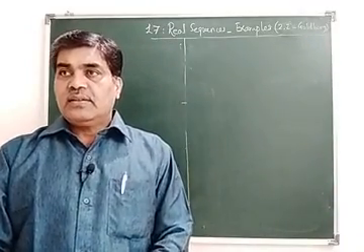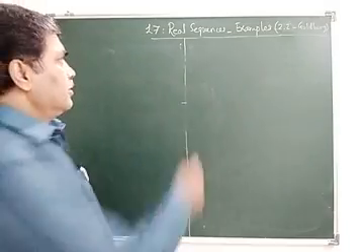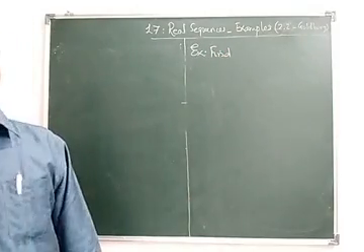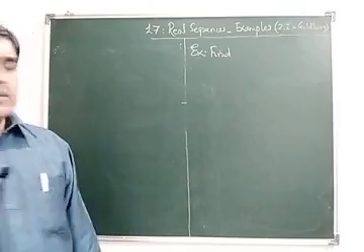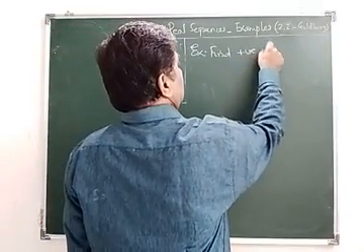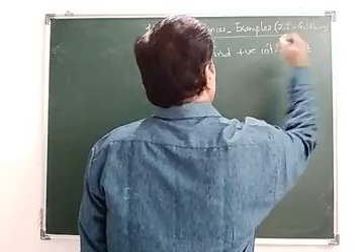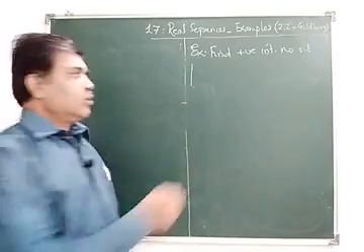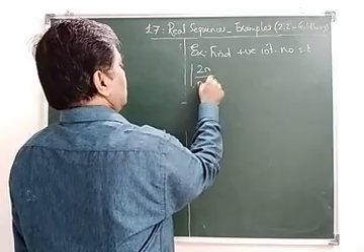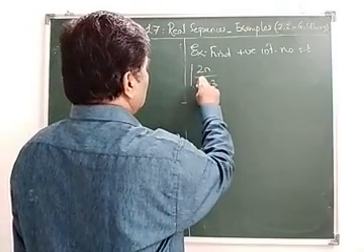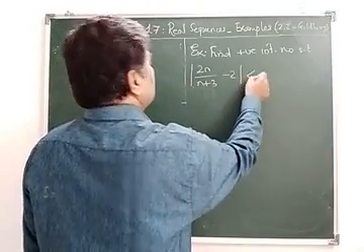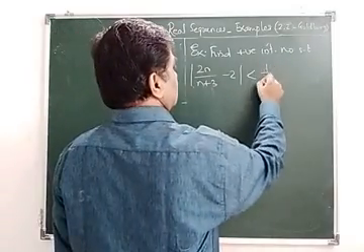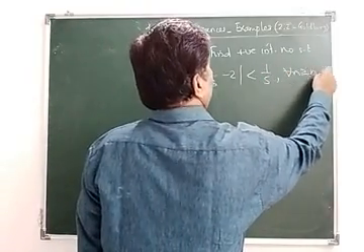Now take the example. Find a positive integer n naught such that the modulus of the difference between a term of the sequence 2n upon n plus 3 and its limit as n goes to infinity, which is near 2, is less than some fixed epsilon. Say if I take 1 by 5, for every n greater than or equal to n naught.